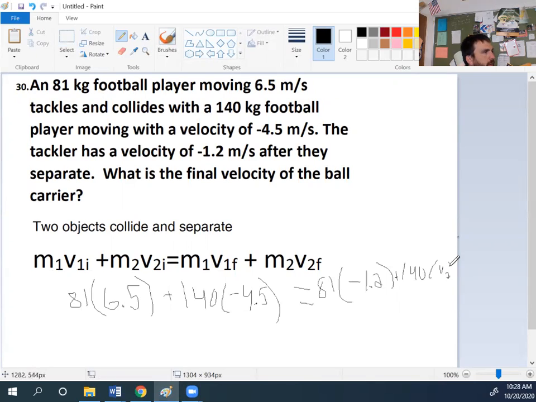So now I've got some simplifying to do. We know 81 times 6.5 is 526.5. We know that 140 times negative 4.5 is negative 630.